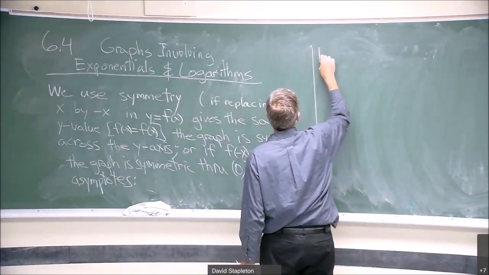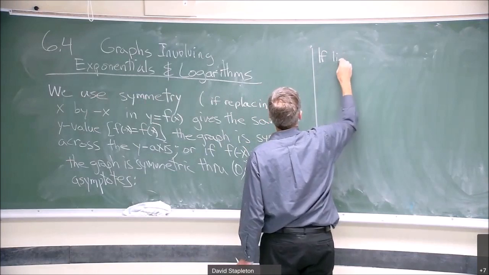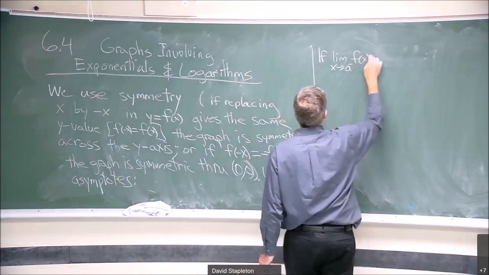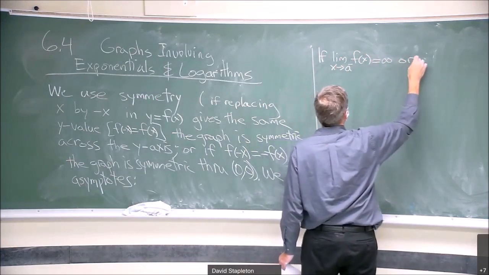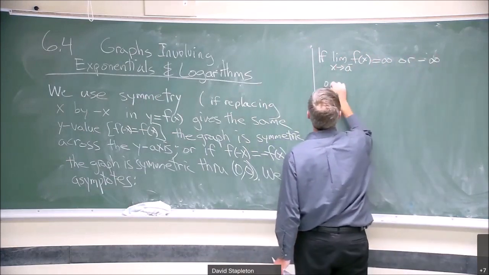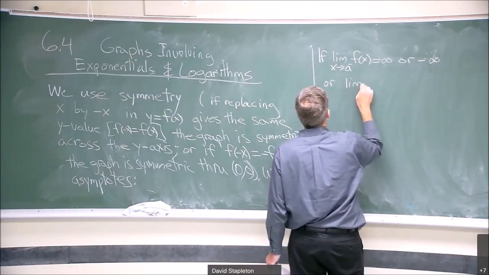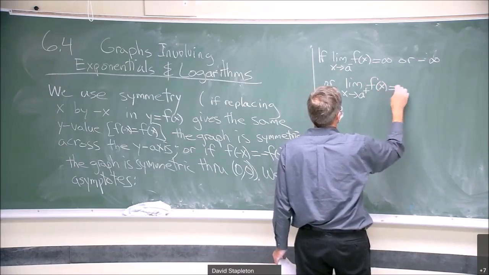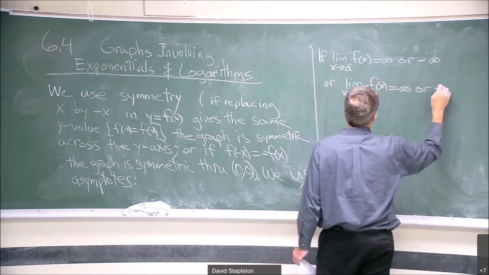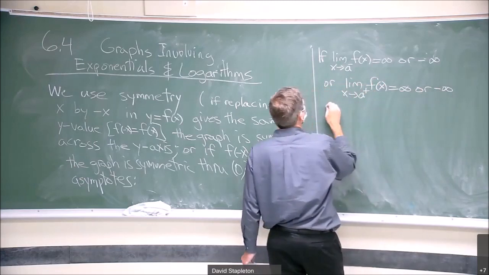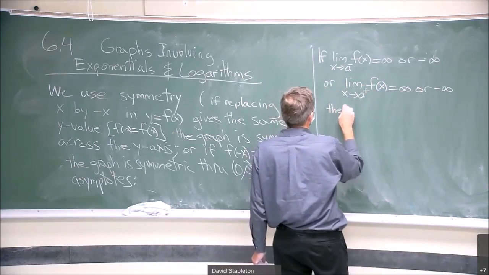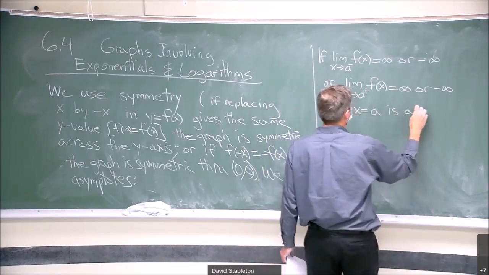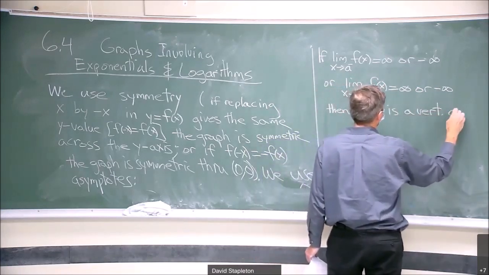If the limit as x approaches some number a from the left of f of x is infinity or minus infinity, or if the limit as x approaches a from the right side of f of x is infinity or minus infinity, then x equals a is a vertical asymptote. That's the definition.